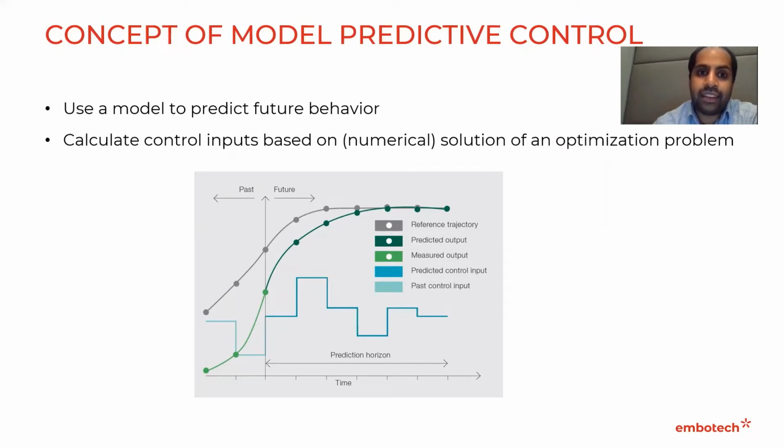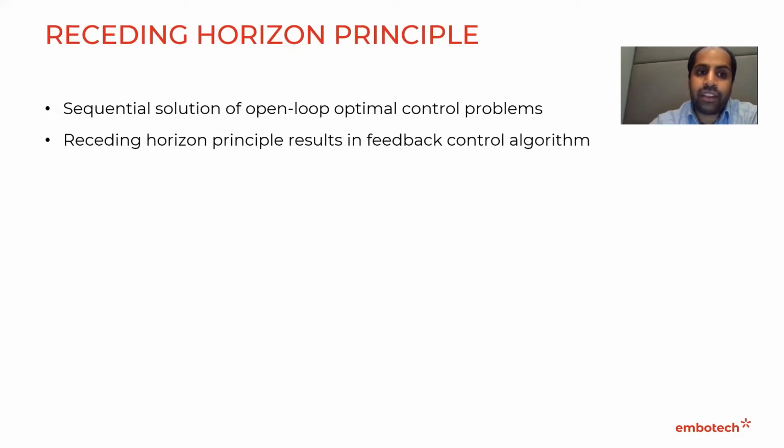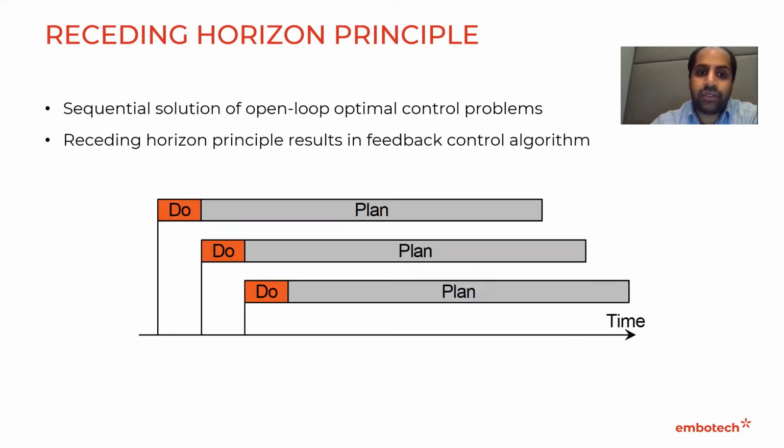And what is done on top of that is you solve this open loop optimal control problem sequentially. This is called the receding horizon principle, and that's what we see here. You plan for a certain horizon, but you only apply the first control action, and you discard the entire rest of the planning.